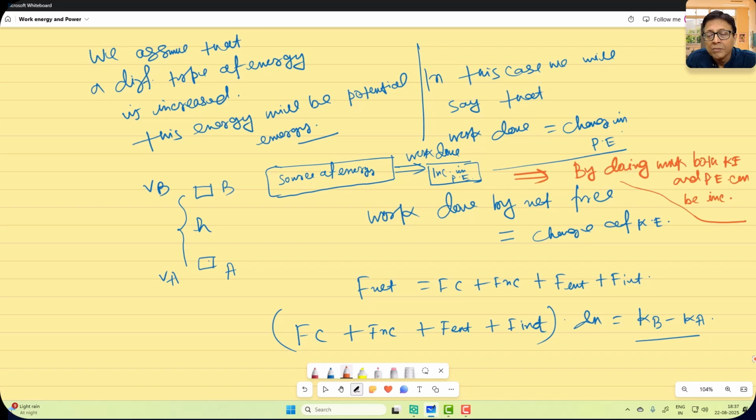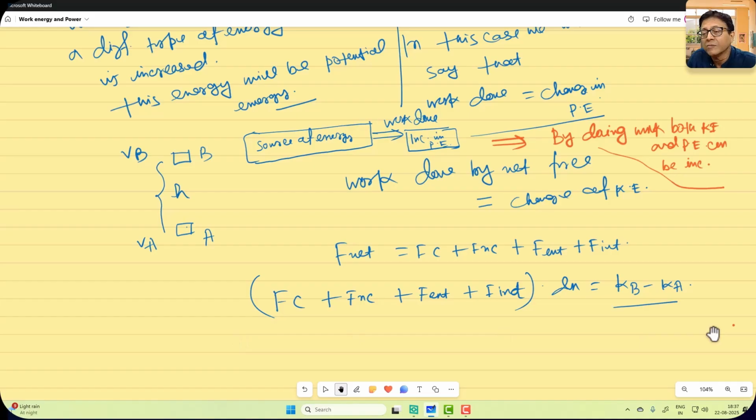Okay? And the work done by the net force, that we know, is the change in K. Now let us see what is happening there. What a conservative force or field is, I have to mention first, and what a non-conservative force is. Then I will continue with this equation only.